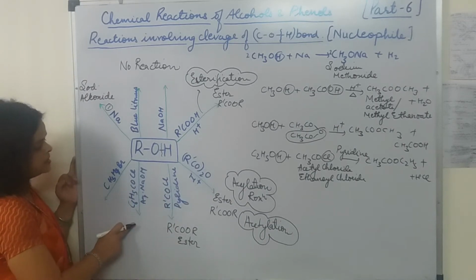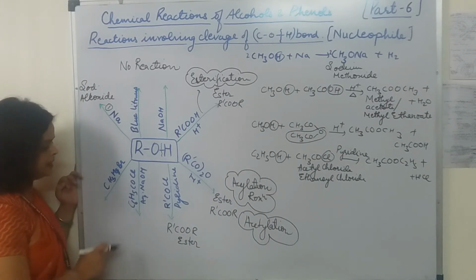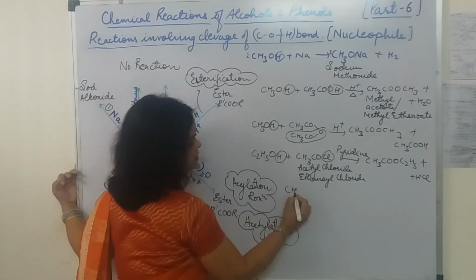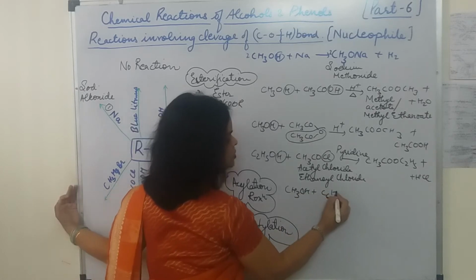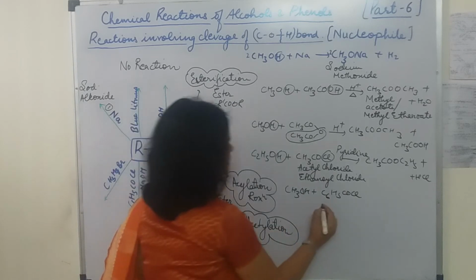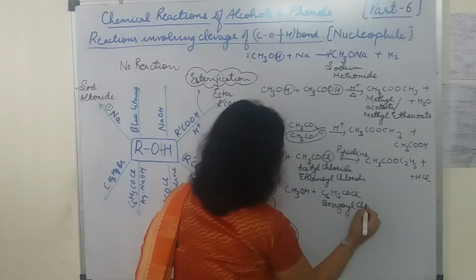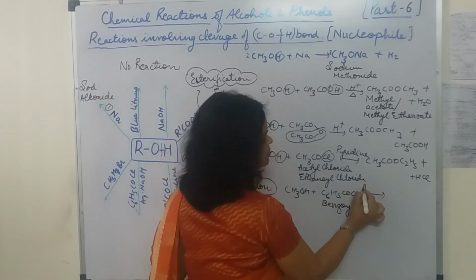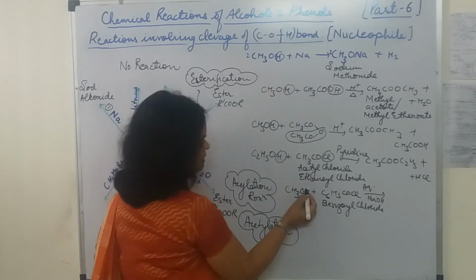Now the next one, instead of R-COCl, we are taking C6H5COCl, that is benzoyl chloride. Then what is the product? Suppose here I am taking CH3OH. When it combines with benzoyl chloride in presence of aqueous NaOH, again the same pattern of the reaction will be there.